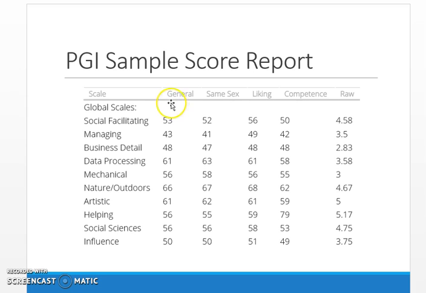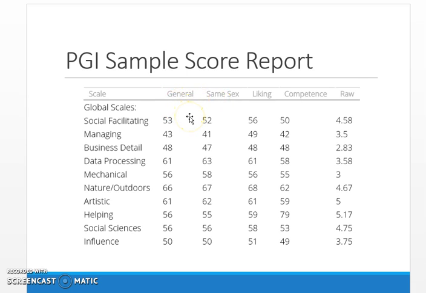But compared to the general population, I scored a 53 on social facilitating, which means I'm about average in my interest in social facilitating. Some types have slightly different results, differing by gender. So you can look at your same-sex scores or your general scores.